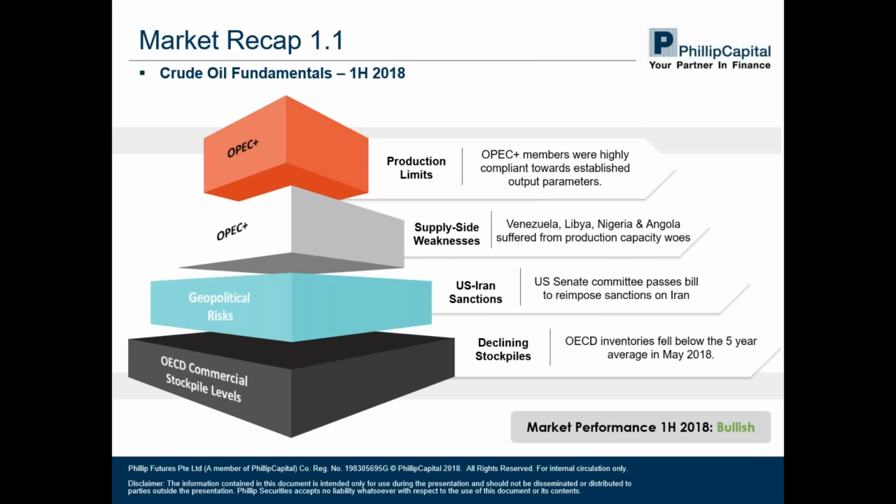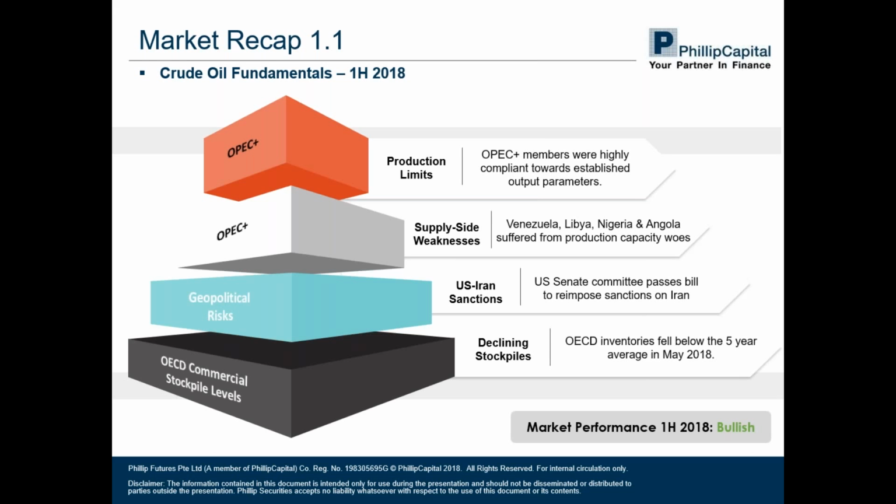The first would be OPEC plus production policy. Actually, OPEC members were highly compliant towards established output parameters that were imposed in the December meeting in 2017. And also, we saw that Venezuela, Libya, Nigeria, Angola suffered from persistent supply-side weaknesses and production capacity issues.